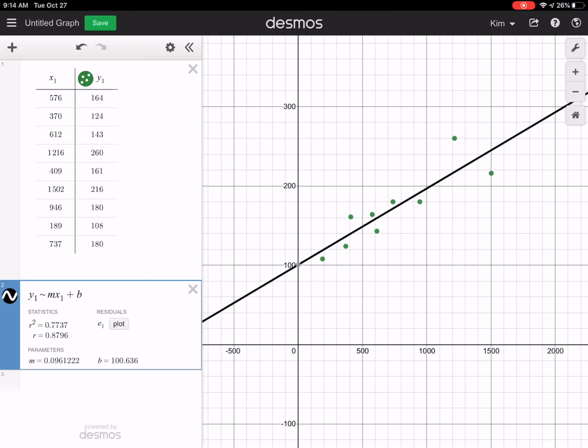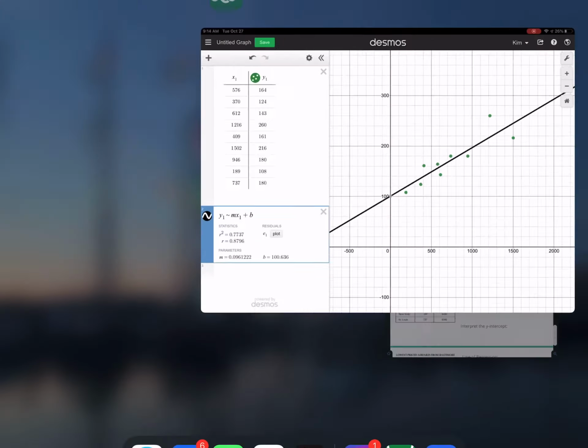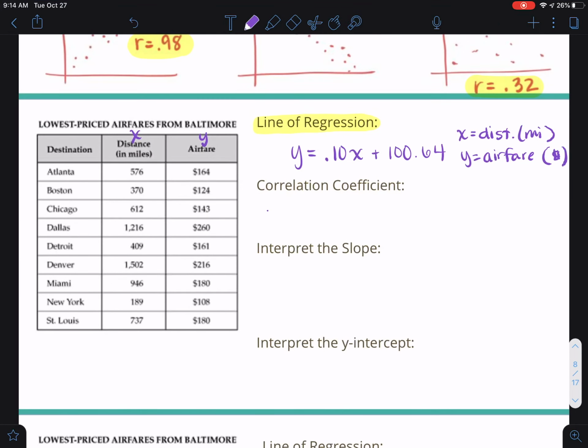All right, the correlation coefficient is going to be the r value. So it's 0.8796. The correlation coefficient, we always use r to represent that. r equals 0.8796, which if I cut this off at 2 decimal places, I'm going to make it 0.88. Which, 88%, that's pretty strong. So we're going to say that this is a strong correlation.